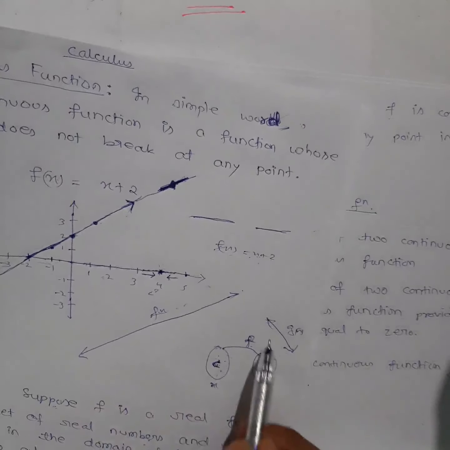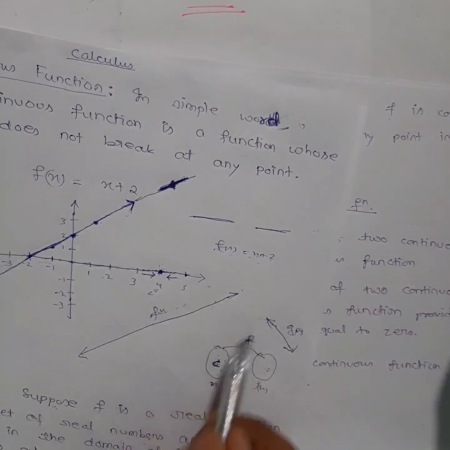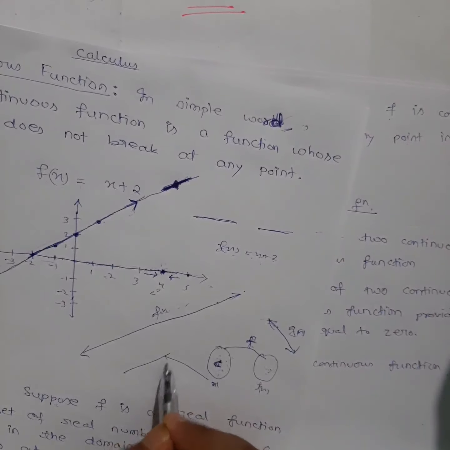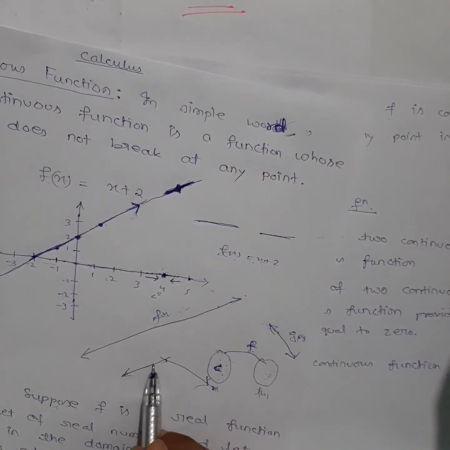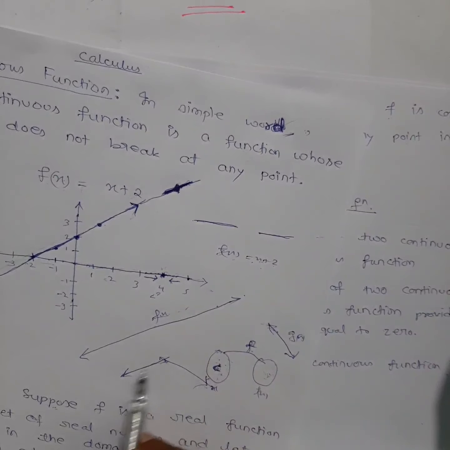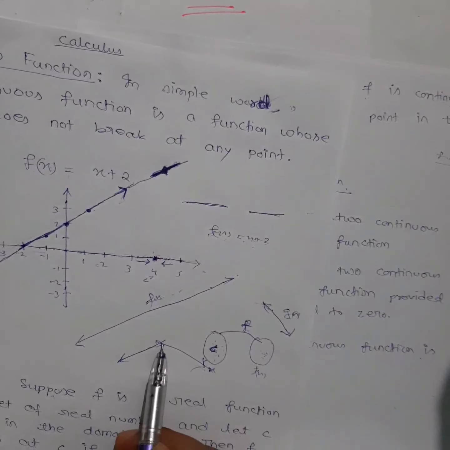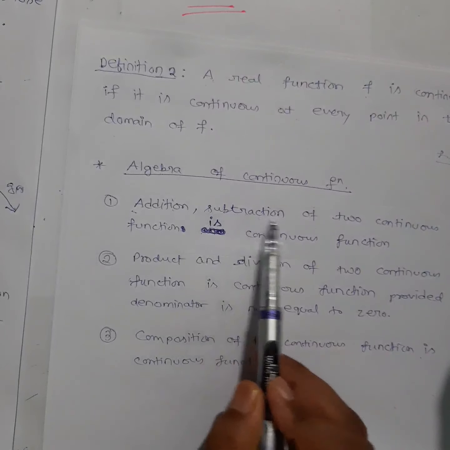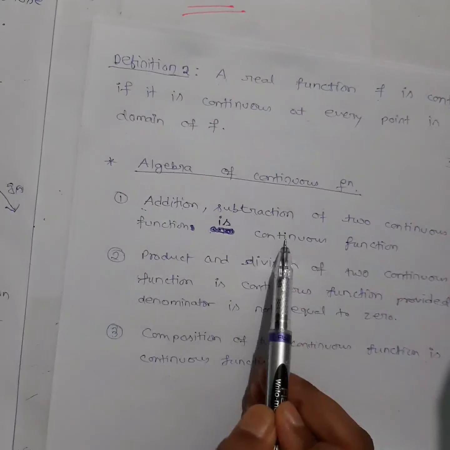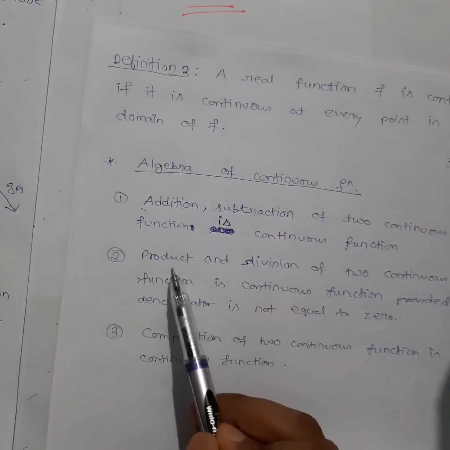Now if you add these two continuous functions, you will join them, right? Will it be continuous or not? Obviously it will be continuous, right? So addition and subtraction of two continuous functions is a continuous function.